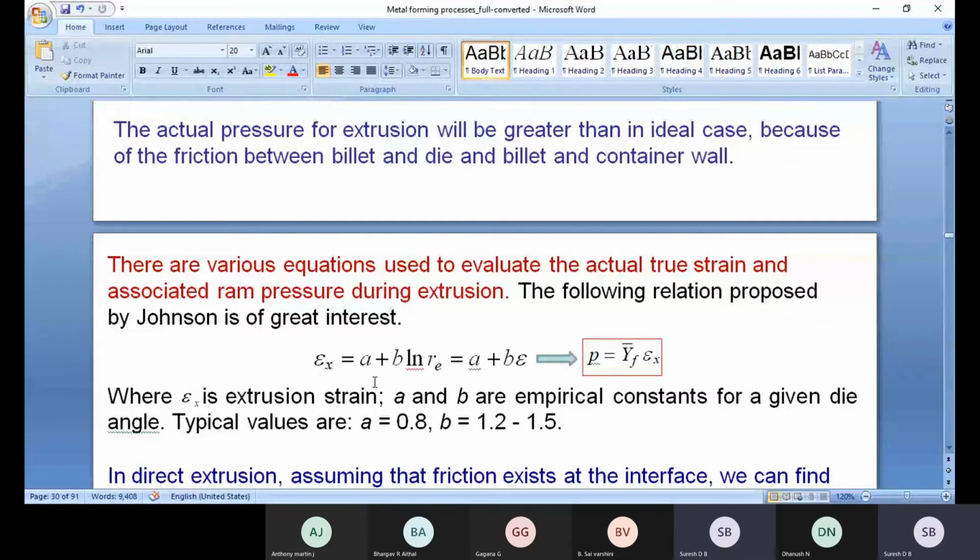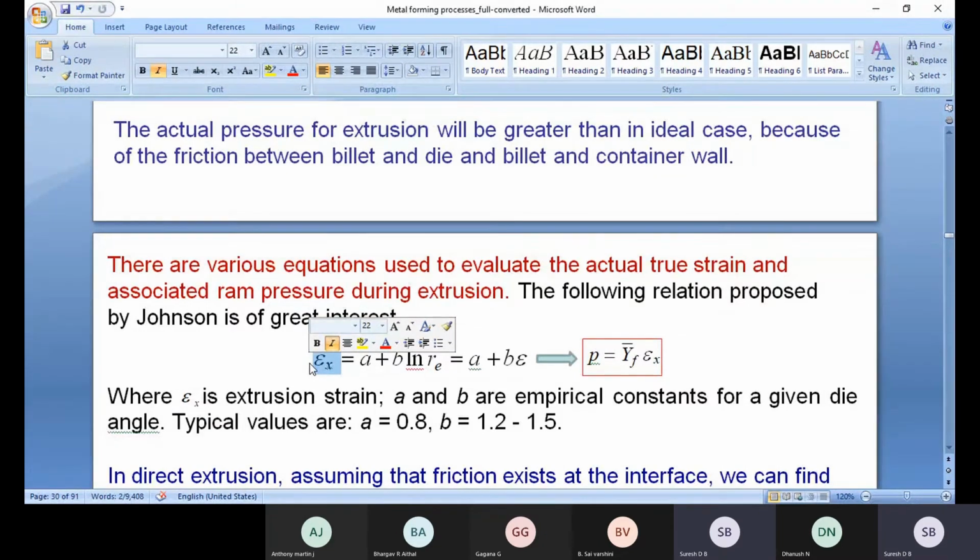Here epsilon x equals a plus b into ln R suffix e. Epsilon suffix x is the strain produced along the x direction. Because the applied force is along the x direction, the strain is also produced along the x direction only. The maximum strain is always produced along the x direction because the applied force acts along x.